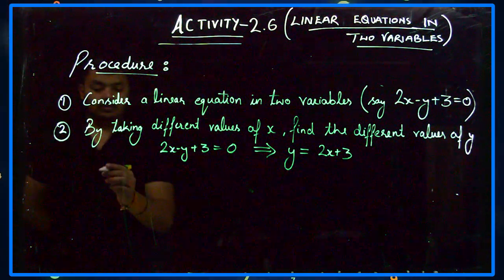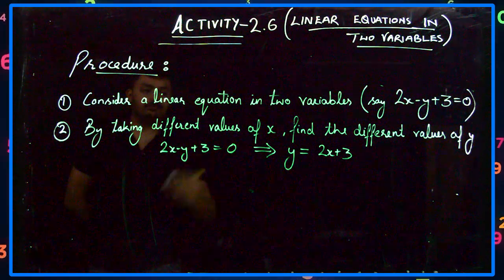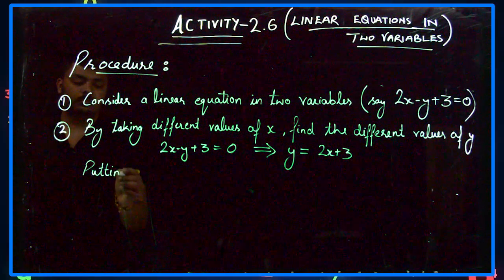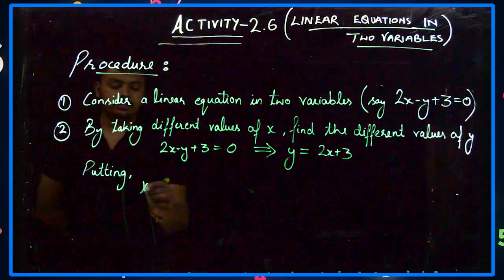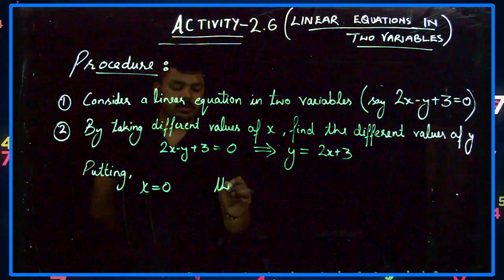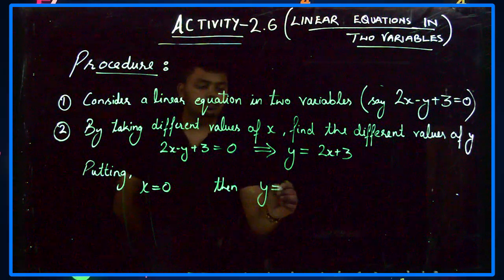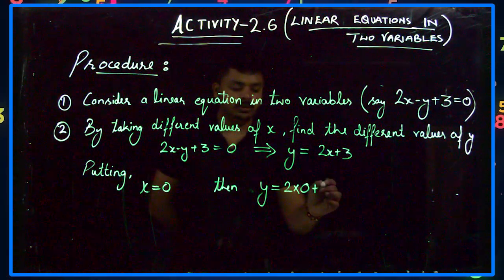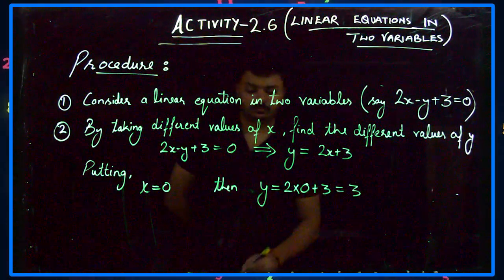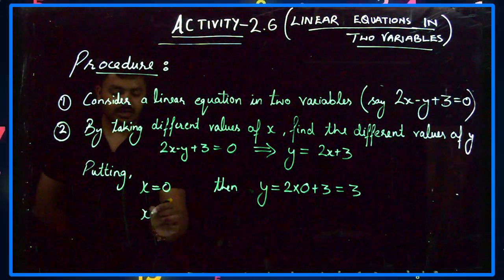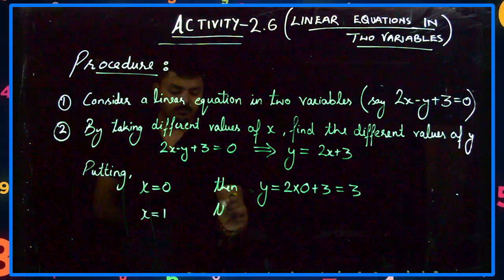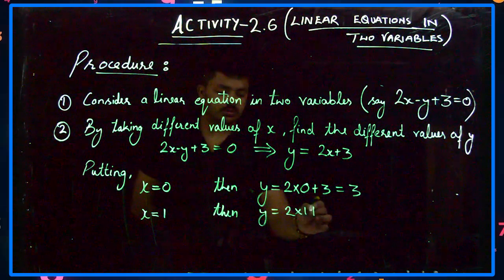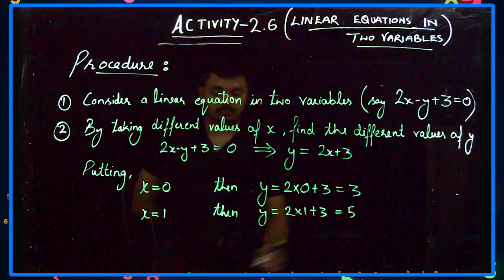Now we'll let the value of x and find the value of y. So first, putting x equals to 0, then y equals to 2x plus 3, that is 2 into 0 plus 3 equals to 3. Similarly, when x equals to 1, then y equals to 2 into 1 plus 3 equals to 5.